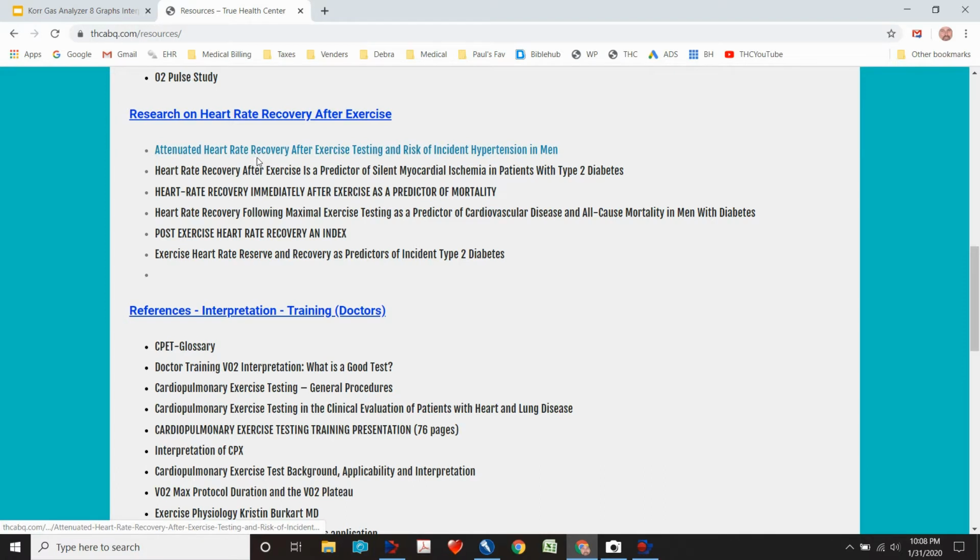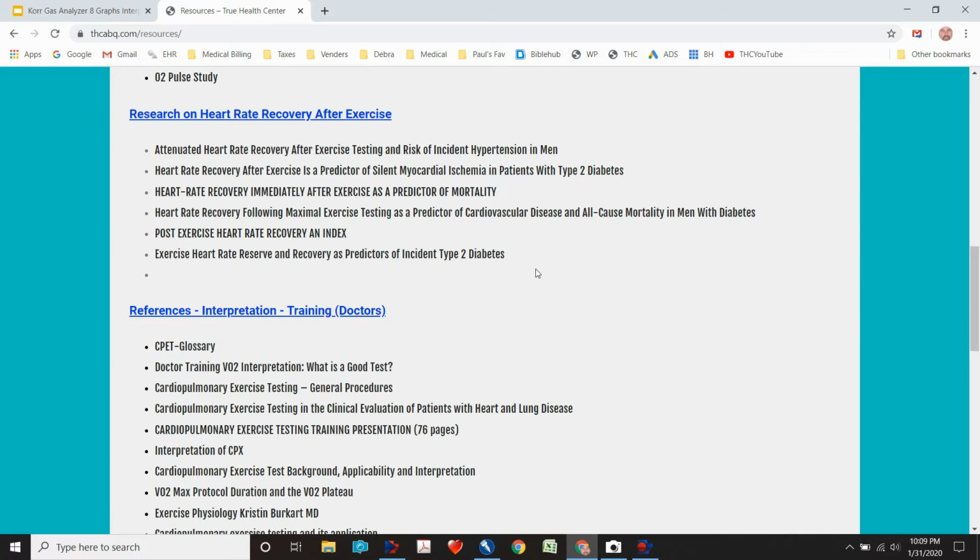So I'll just read these. Attenuated heart rate recovery after exercise testing and risk of incident hypertension in men. Number 2, heart rate recovery after exercise is a predictor of silent myocardial ischemia in patients with type 2 diabetes.